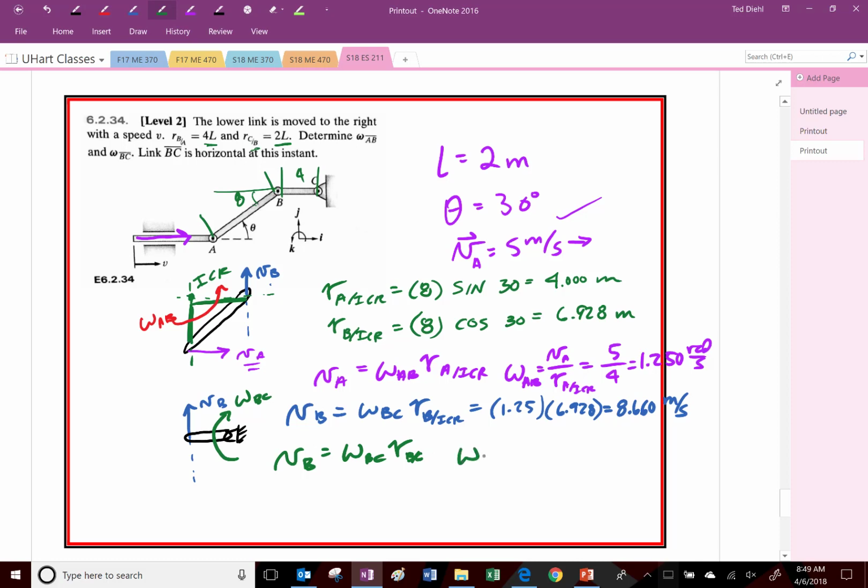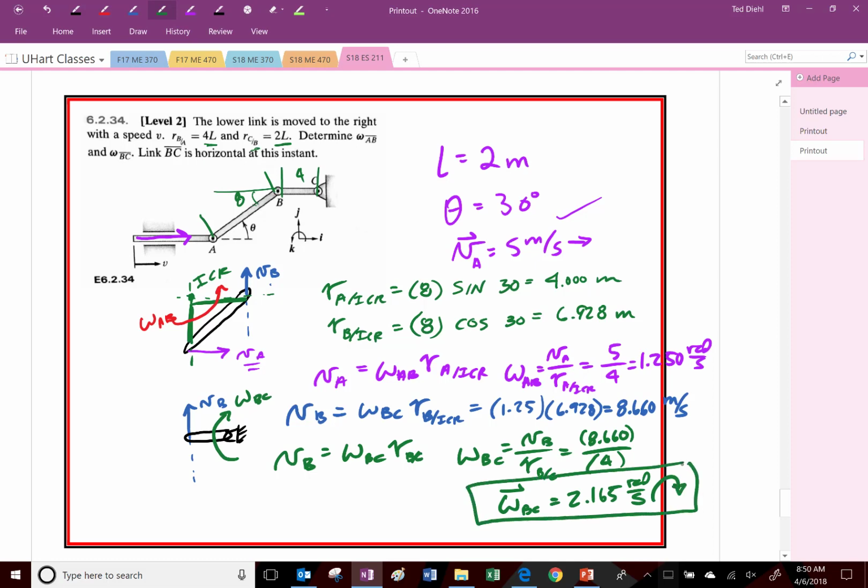So omega BC is going to be velocity of B divided by RB with respect to C. So it comes out 8.660 divided by 4, which ends up being omega BC, let's make it a vector here, 2.165 radians per second, and it's clockwise.